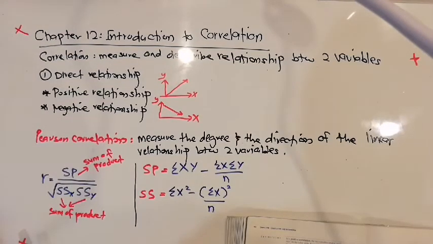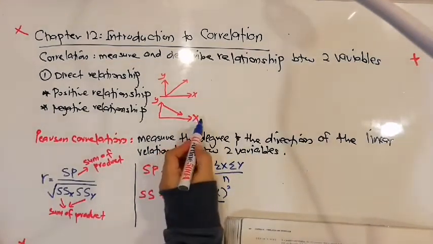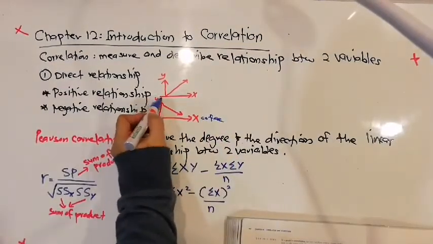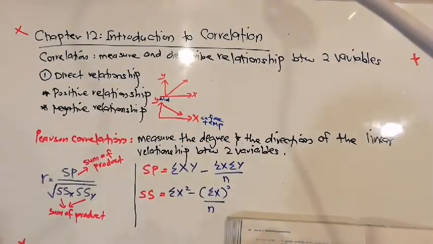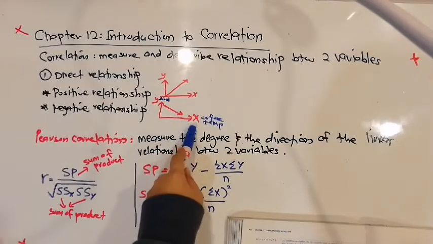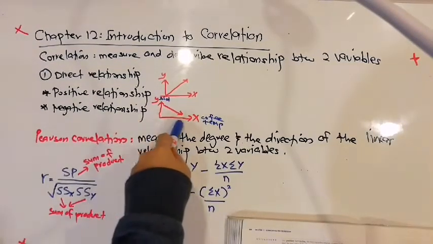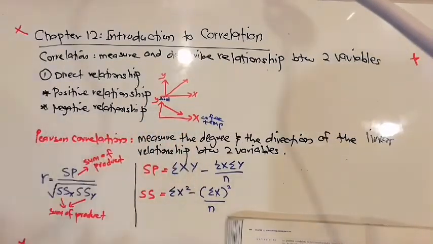As you can see from this research, when the temperature is increased, the number of coffee sold decreases. So this is what we call a negative relationship.